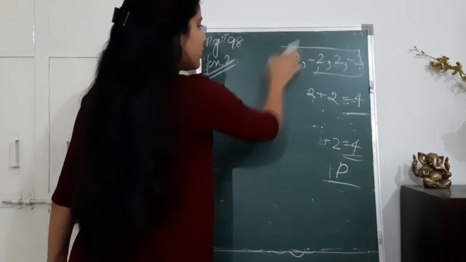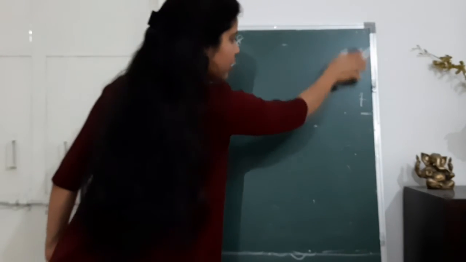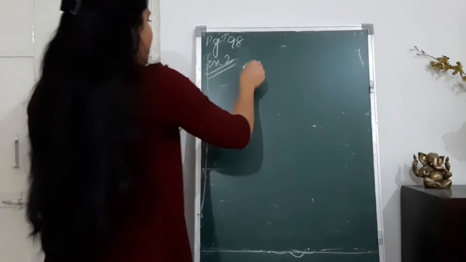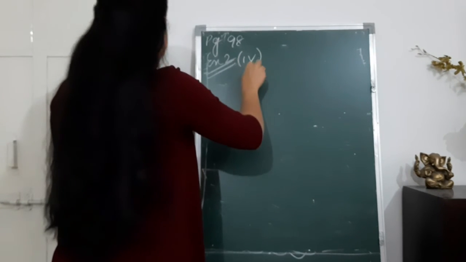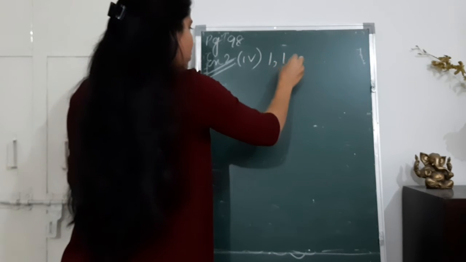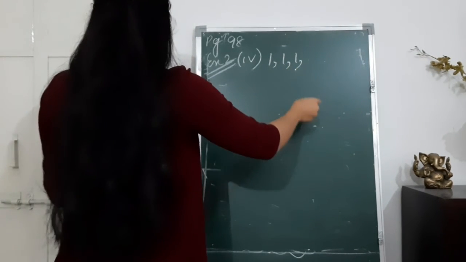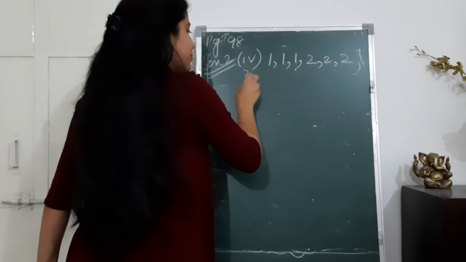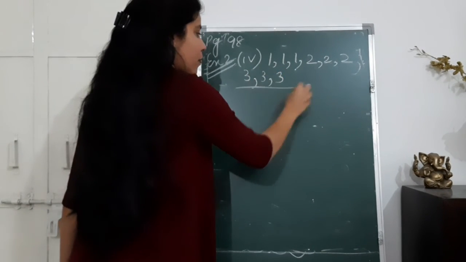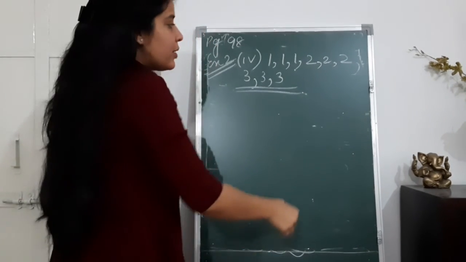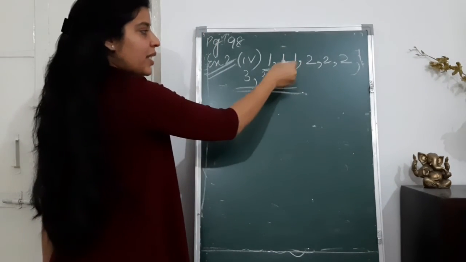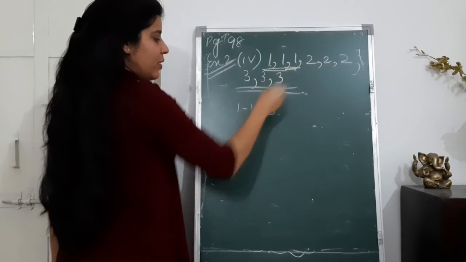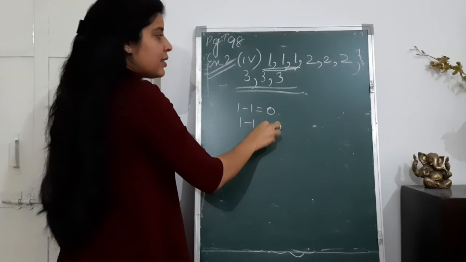Now we'll move to the other series, the fourth question of example 2. Let's do the same thing here. 1 minus 1 is 0. Then again 1 minus 1 is 0.